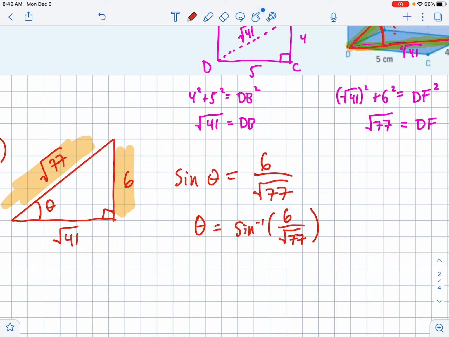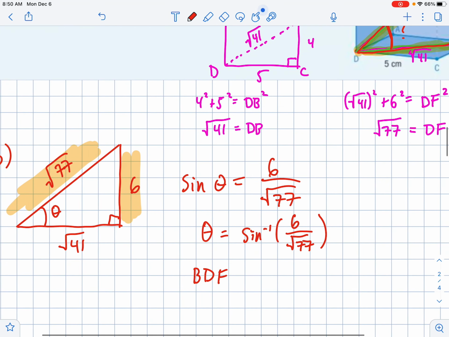Make sure your calculator's in degree mode. 6 divided by square root 77 is 43.138. See if the book agrees. Yep, 43.14 degrees. So BDF is 43.14 degrees.